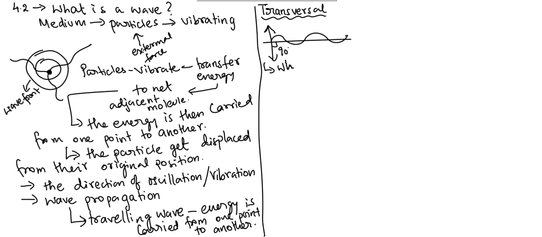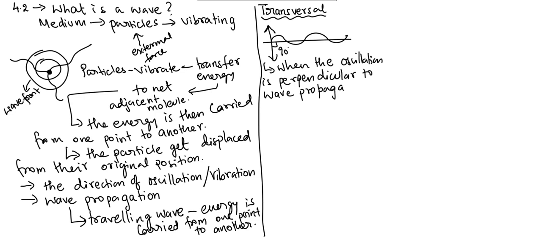Now when the oscillation is perpendicular to wave propagation, these types of waves are known as transversal waves.